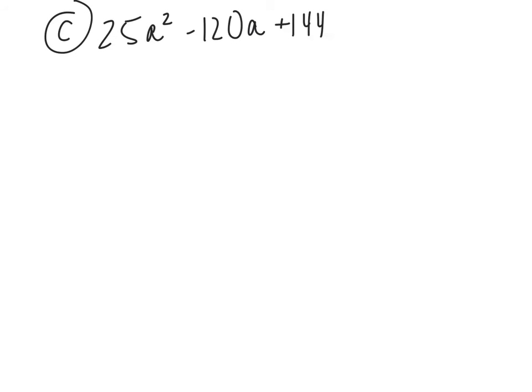Okay, so one last example, C. Let me find a tougher one for you. It's not too bad. 125a squared minus 120a plus 144. So remember when I kept bugging you about learning the squares and how important that was?